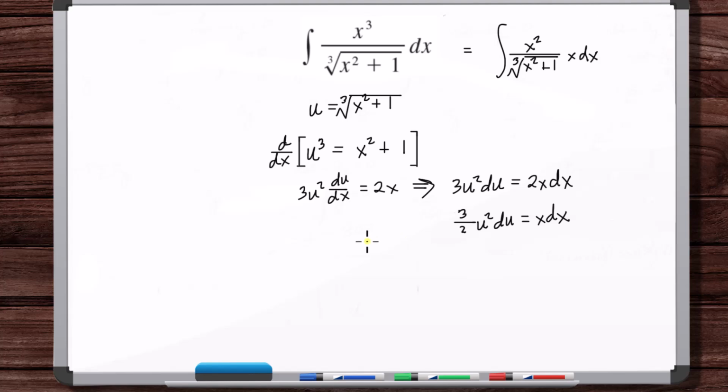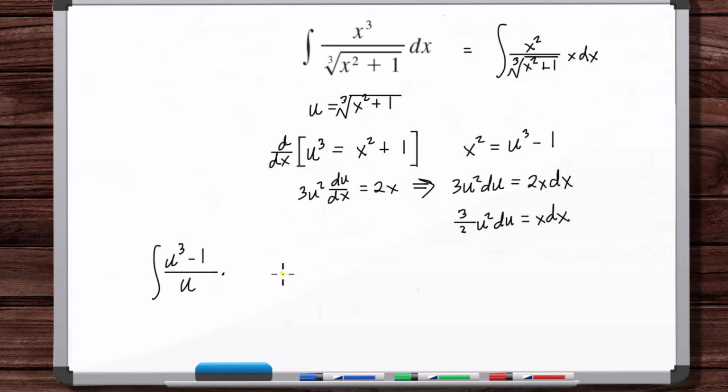Okay. Do we have an x squared? Yeah, we do have x squared. u cubed is equal to x squared plus 1. Yeah, this should work. x squared is equal to u cubed minus 1. Yeah, there we go. Okay, so we've got u. x squared is u cubed minus 1.